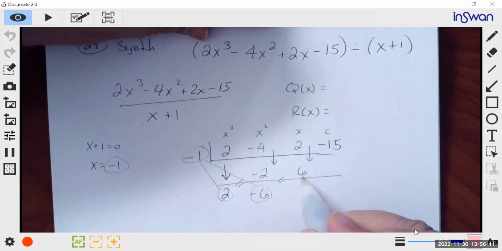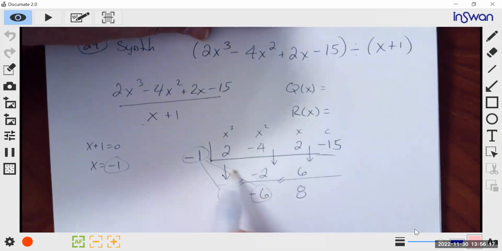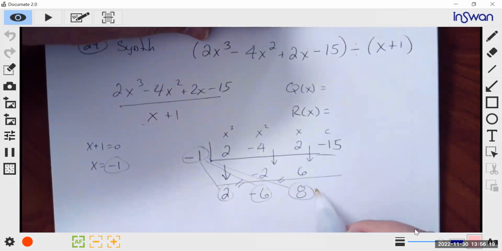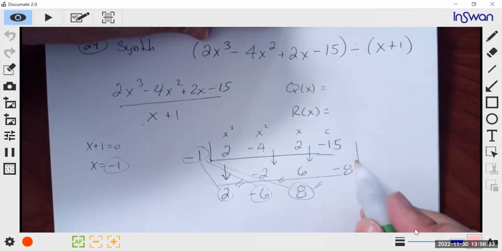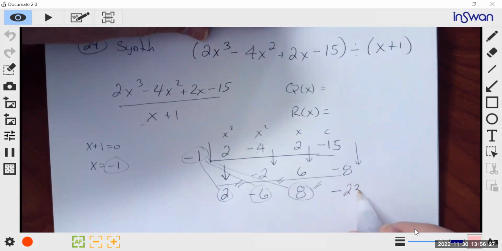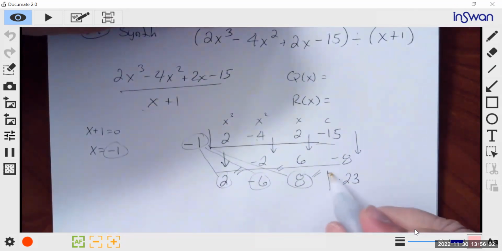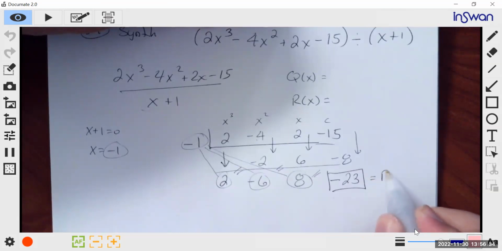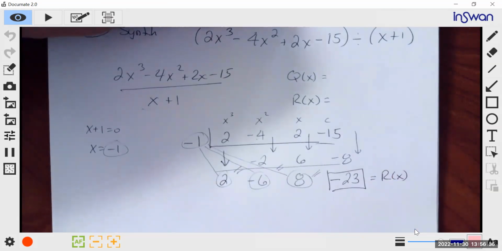Add straight down. 6 plus 2 is 8. Multiply. -1 times 8 is -8. Add straight down. They're both negative. -15 plus -8 is -23. That's your remainder.